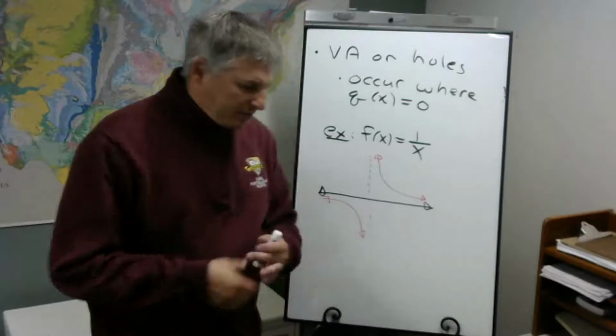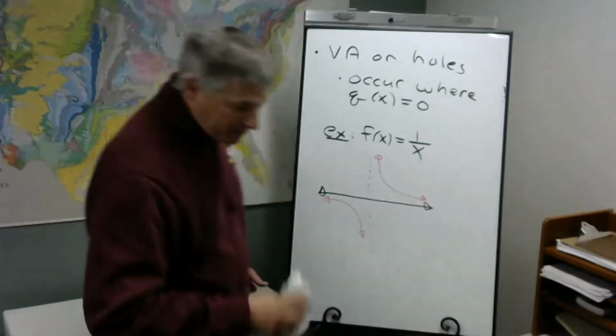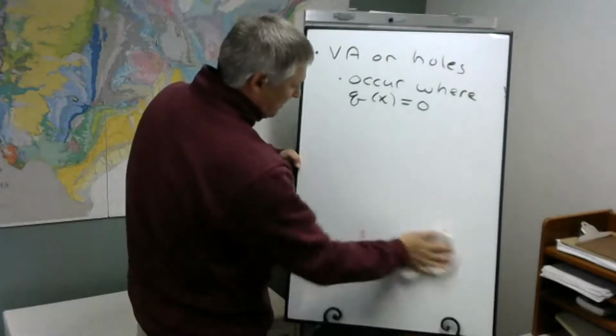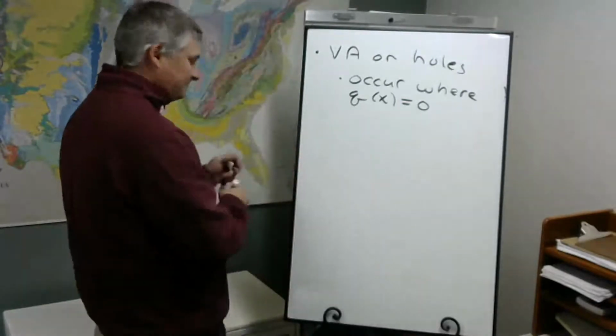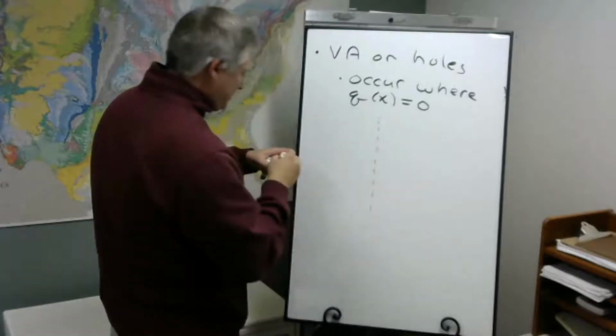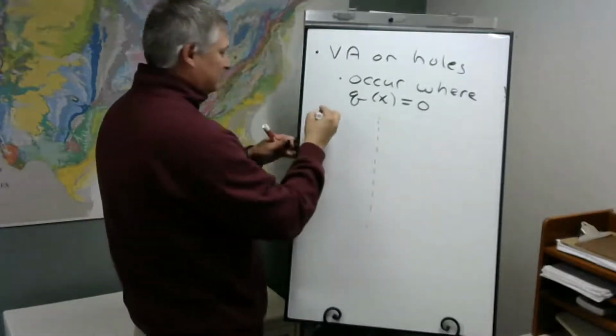You also encounter them, say, in other functions as well. Let's see, if you look at the logarithm of x, it also has a vertical asymptote at x equals 0.